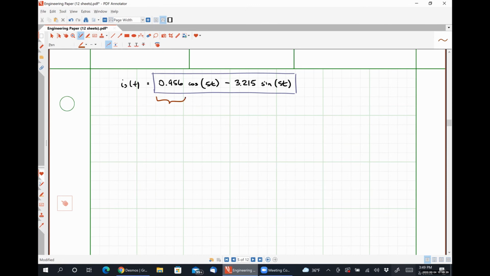So what I mean by that is, let's look at just this part right here and this part right here and look at trig identity number 6 again, okay? So trig identity number 6 says I of t, which is, let's just generically put this, A cosine alpha plus beta is equal to A cosine alpha cosine beta minus A sine alpha sine beta.